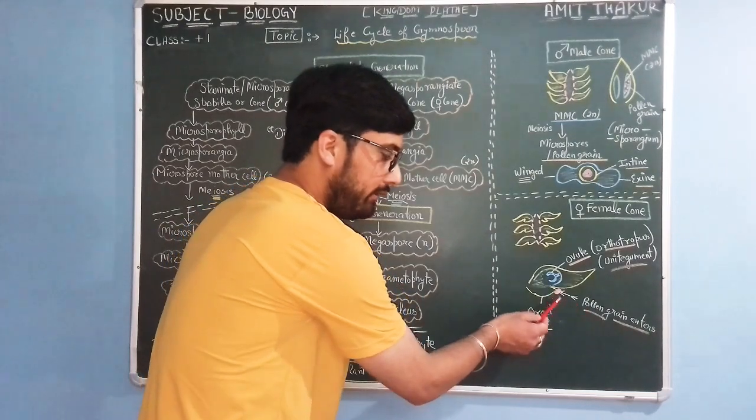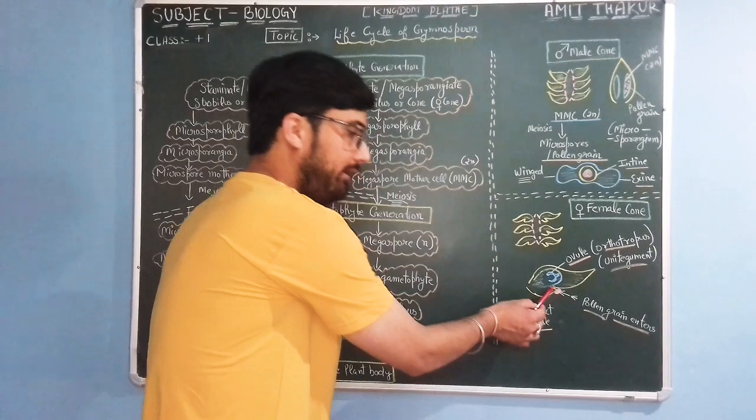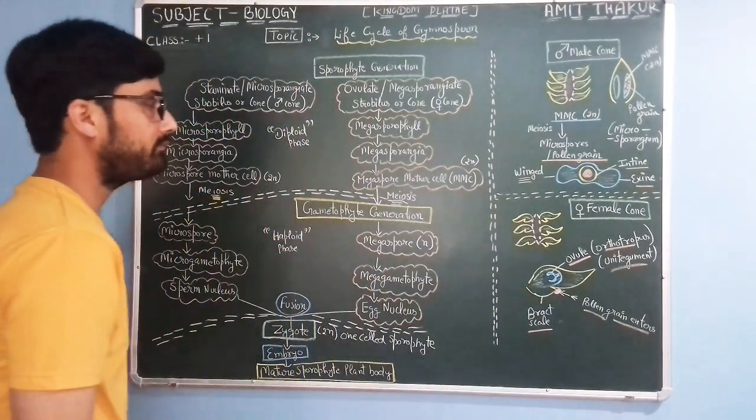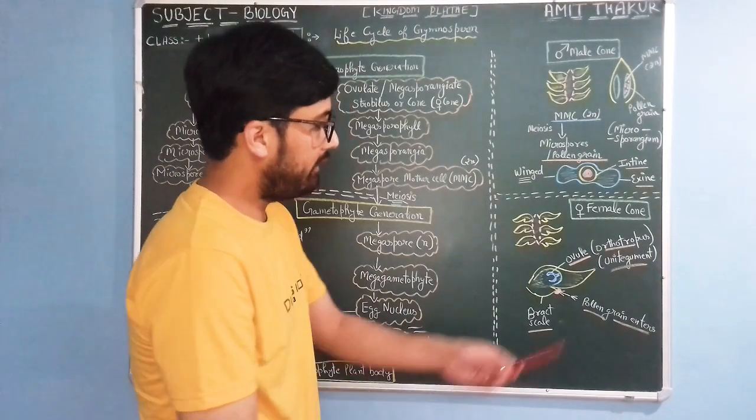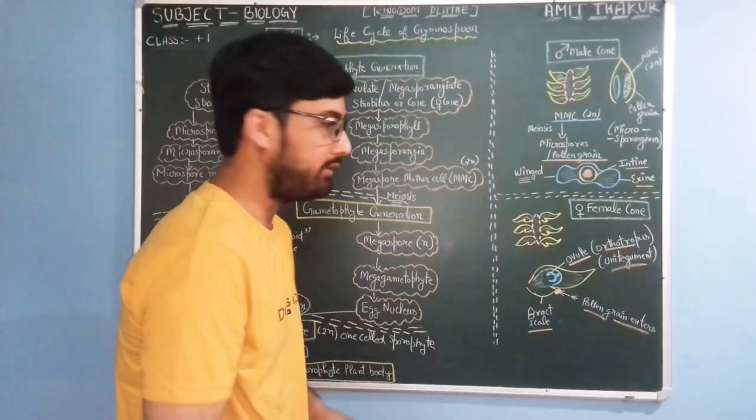Here you can see that from this bract scale or depression, the pollen grain enters inside the megasporophyll and fuses with the egg cell to form a zygote.